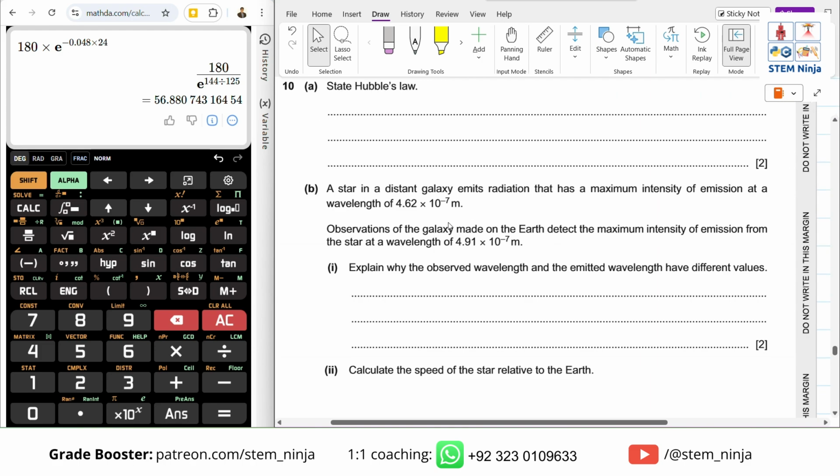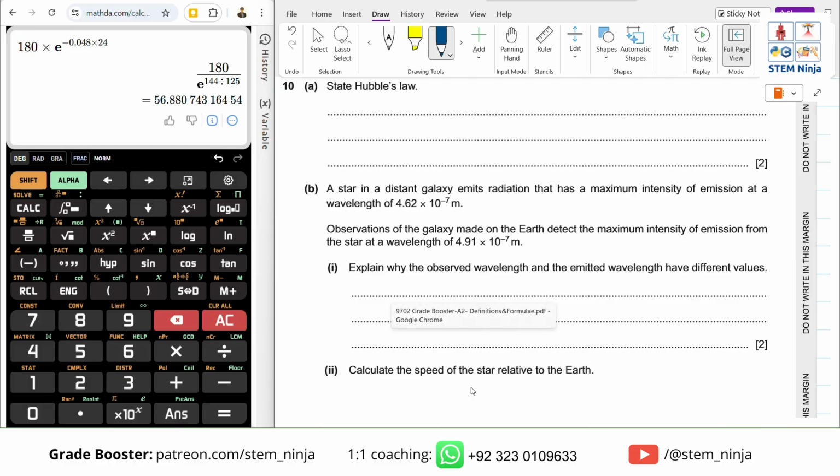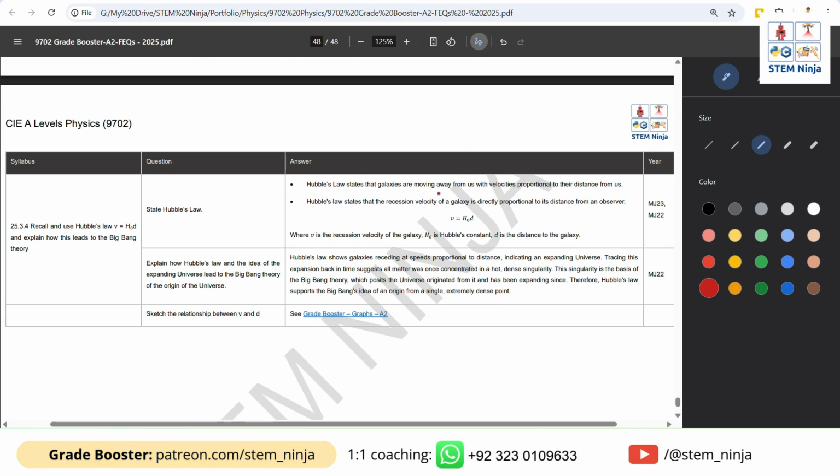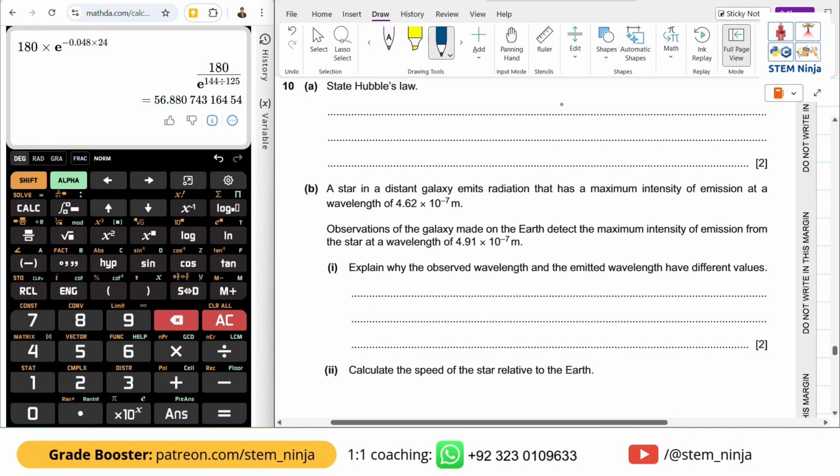Question number 10. State Hubble's law. So Hubble's law is basically that the velocity of the receding star is proportional to its distance. The recessional velocity of a galaxy is directly proportional to its distance from an observer.